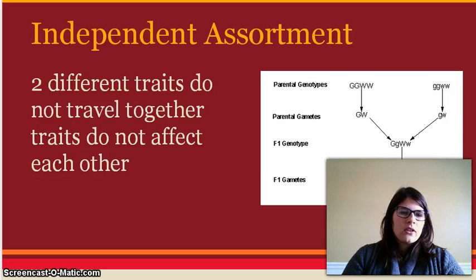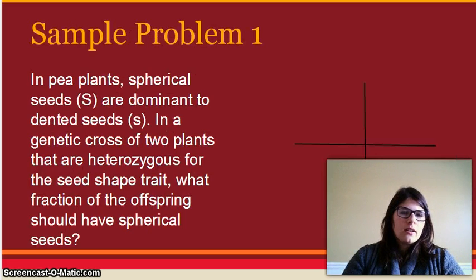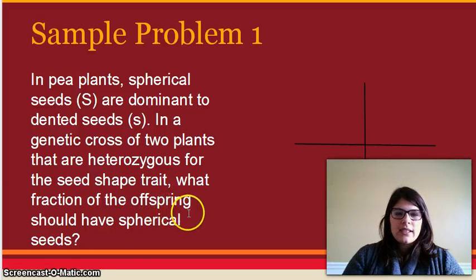Okay, so let's go forward a little more. And let's do some sample problems now. So in pea plants, spherical seeds, capital S, are dominant to dentate seeds, lowercase s. In a genetic cross of two plants that are heterozygous for the seed-shaped trait, what fraction of the offspring should have spherical seeds?